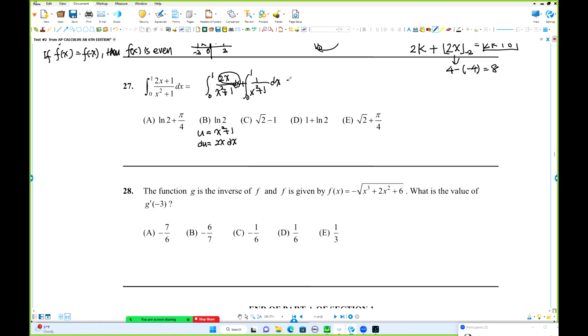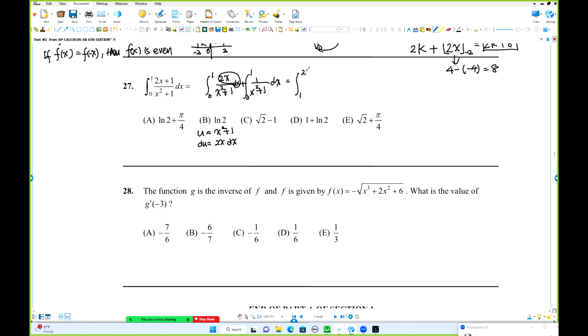Now we replace this way. Okay? Yeah. But for the u value, when x equals 0, u is 1, right? So when x is 1, 1 squared plus 1, u is 2. We change all the u values because this is a definite integral, okay?